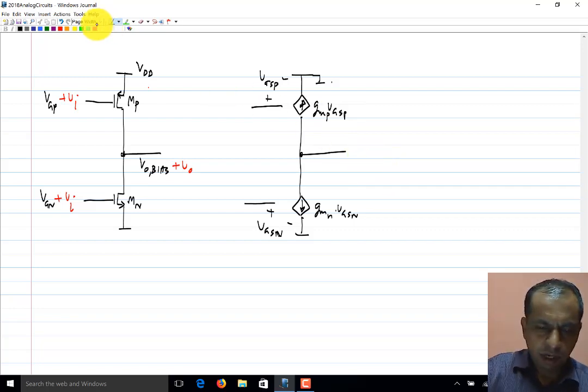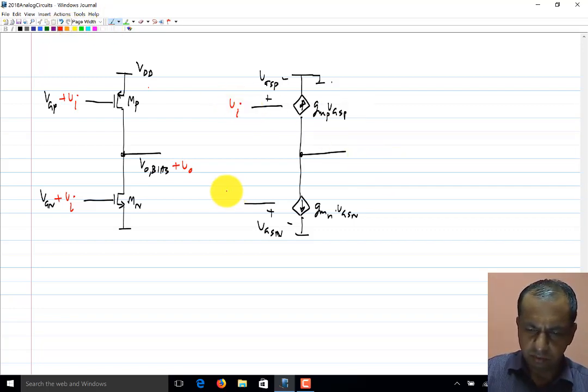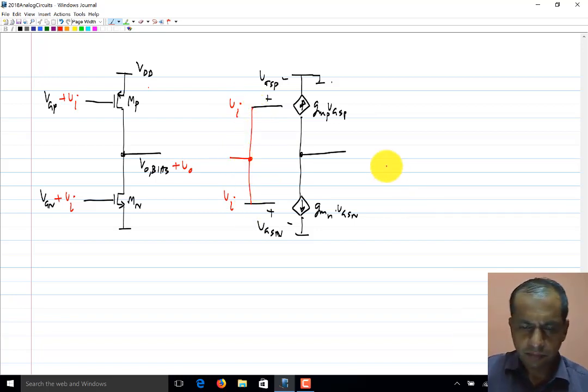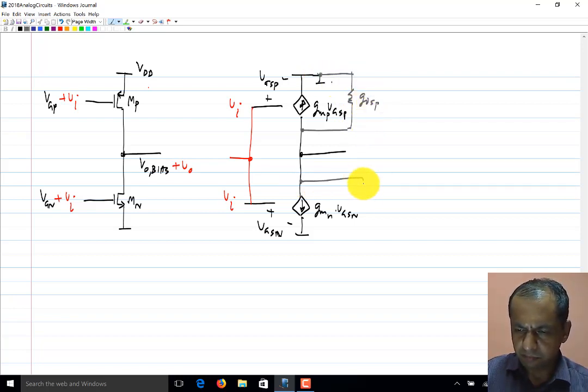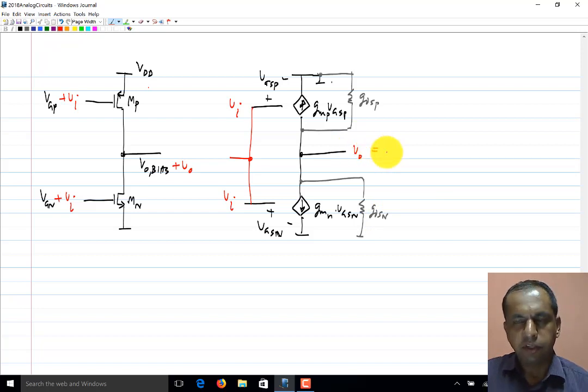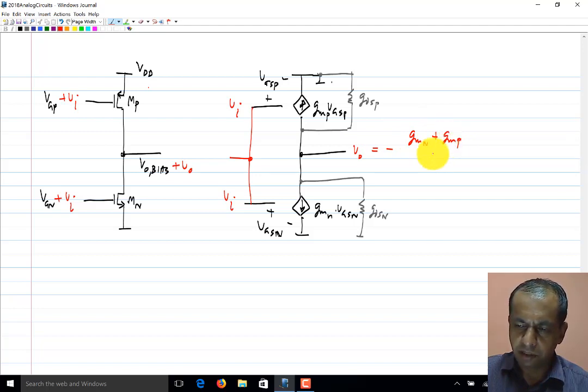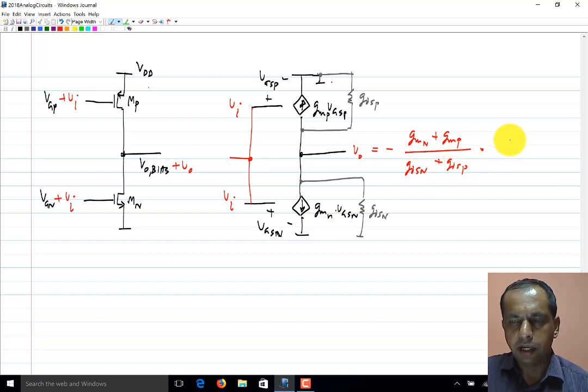Okay. And the same incremental input is applied to both of them, meaning in the incremental picture these two are at the same voltage. And we also have the output conductances of the two transistors, GDS-P and GDS-N. It's very clear that the incremental output Vout is going to be minus GMN plus GMP divided by GDSN plus GDSP times Vi.